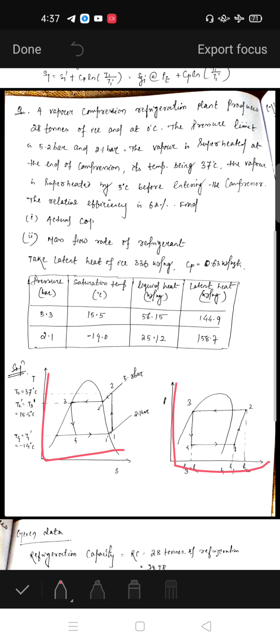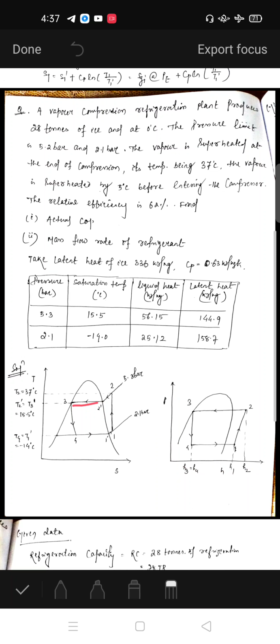At points 1 dash and 4, your temperature is the lower temperature, minus 14 degree centigrade, and at 2 dash and 3, your temperature is 15.5 degree centigrade, and it is superheated to 37 degree centigrade. So at point number 2 the temperature is 37 degree centigrade. Similarly, this is the corresponding pressure enthalpy diagram.